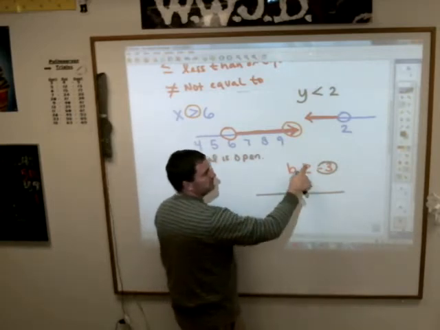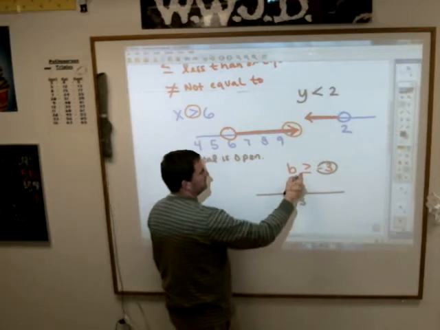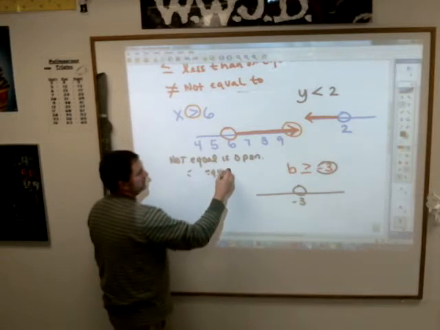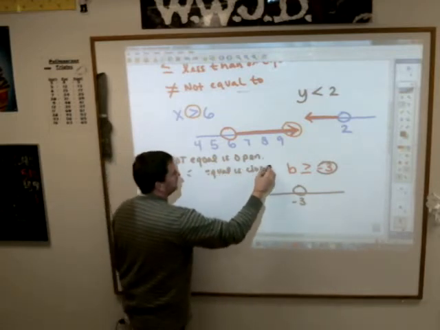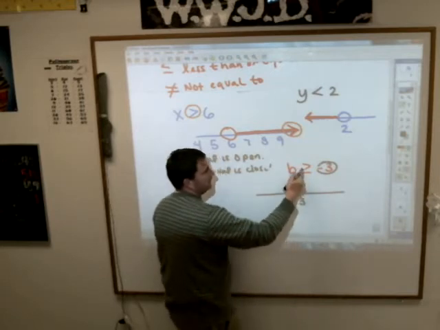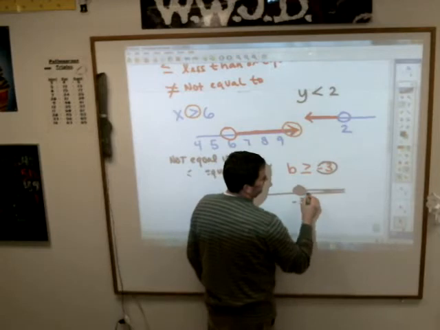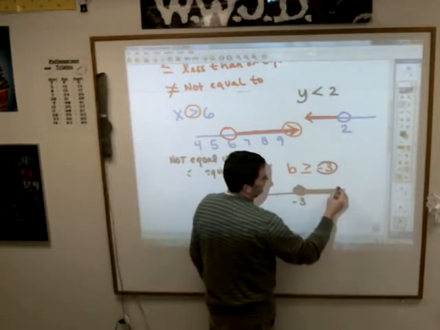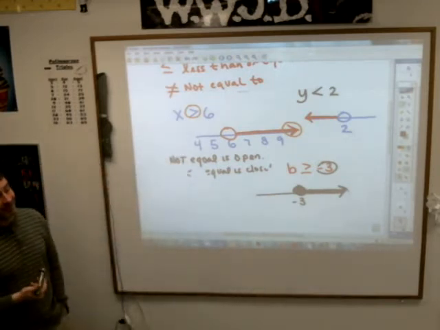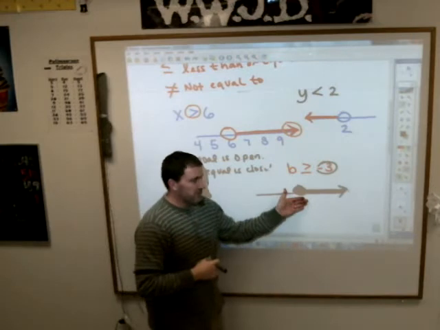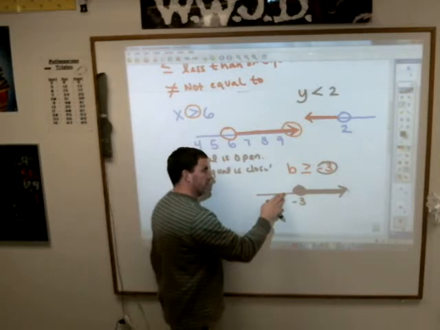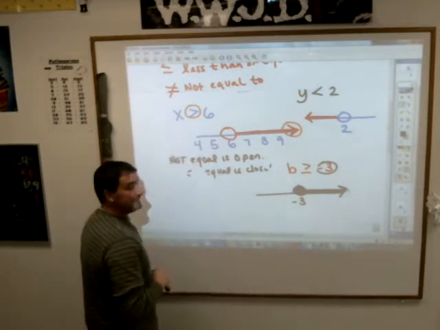You need to have a dot there, and in this case, because it's equal to, equal is closed circle, you need to color this in, and it's any numbers that are greater than -3, so you have to go in this direction. And that would be the bare minimum on your paper if you were asked to do that. Some people don't put this number down there. Well, I can't really give you that because I don't know where it starts. Some people don't draw the rest of the graph over here. I think that's just being lazy.